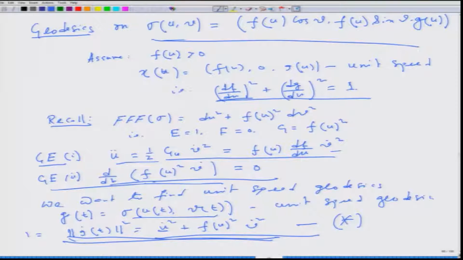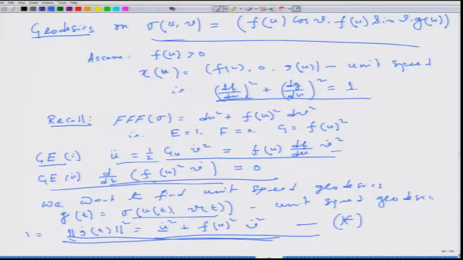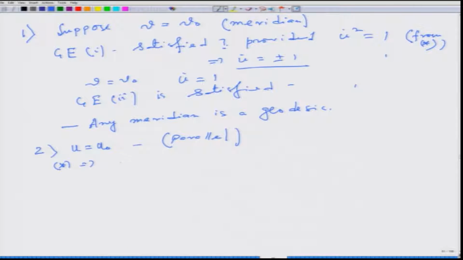So, star will give us f(u) square v dot square equal to 1, which gives v dot equal to plus minus 1 by f(u naught). This should not be equal to 0, but that is not equal to 0, we have assumed f not equal to 0 always.